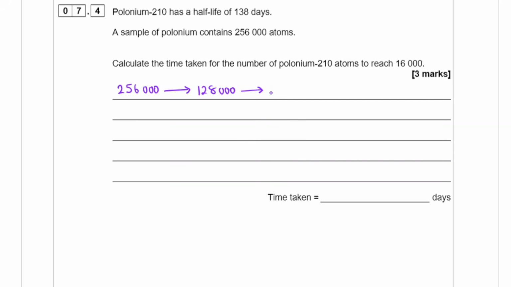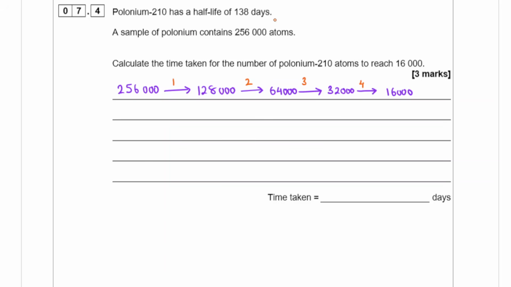After another half-life it will be 64,000. After another half-life it will be 32,000, and after another half-life it will be 16,000, which means the number of half-lives that we've gone through is 1, 2, 3, 4.